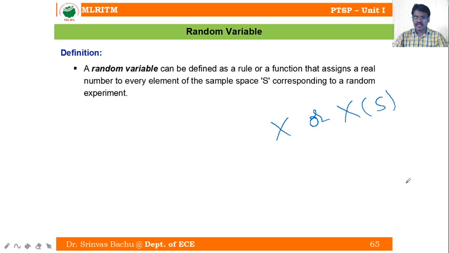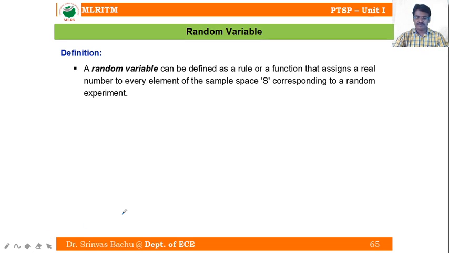So we are assigning a real number to every element of the sample space, and that assignment should be unique. So it is a random variable.